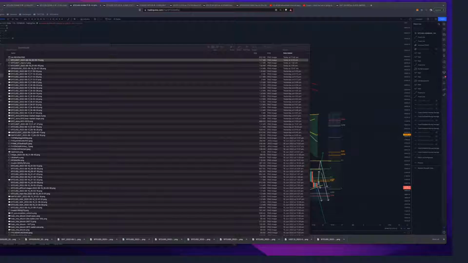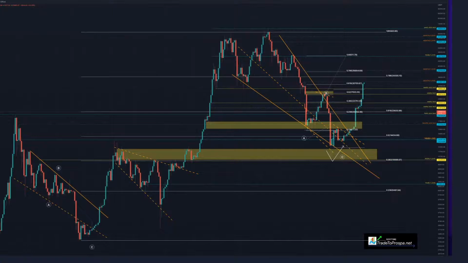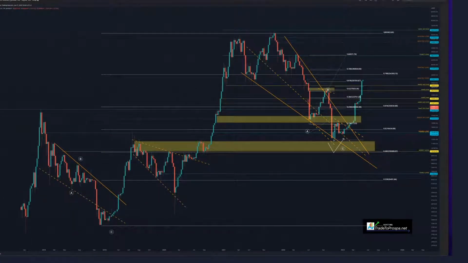Okay. So I got this chart that I did yesterday. And I've just done a few things with it. This is just a theory. So what we can do is, can we edit? Edit. Yeah.